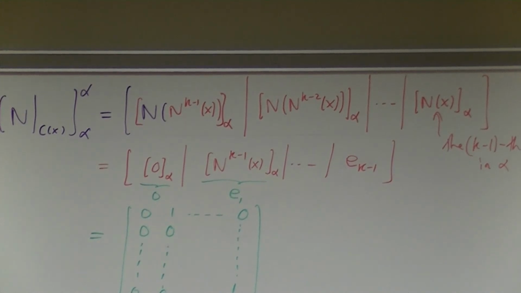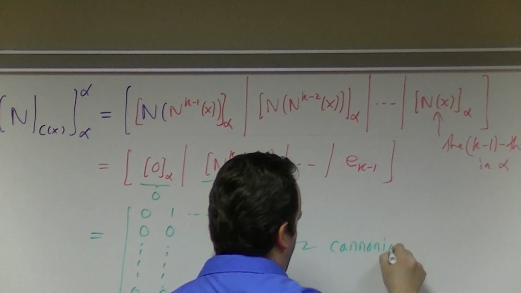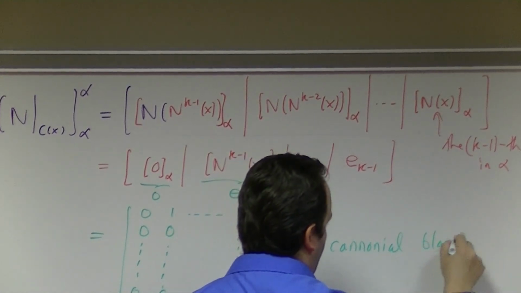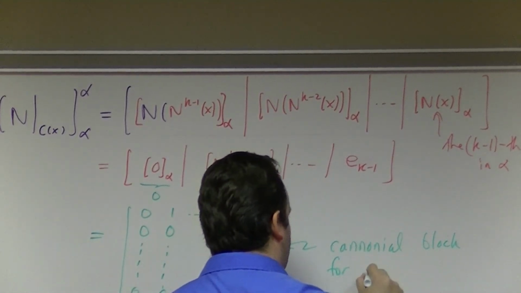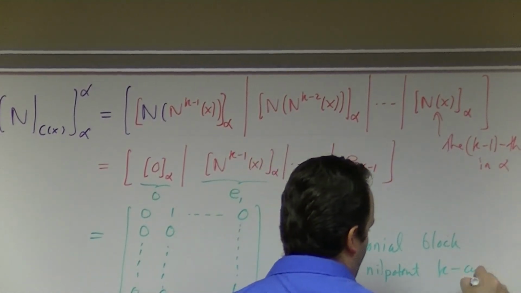And so this is the canonical block for a nilpotent cycle.